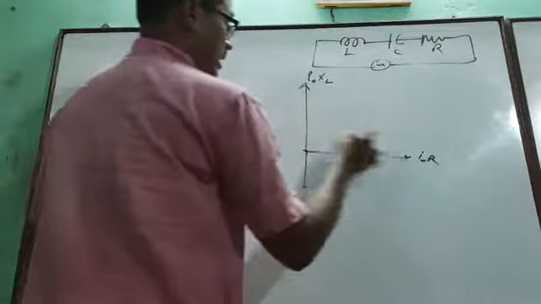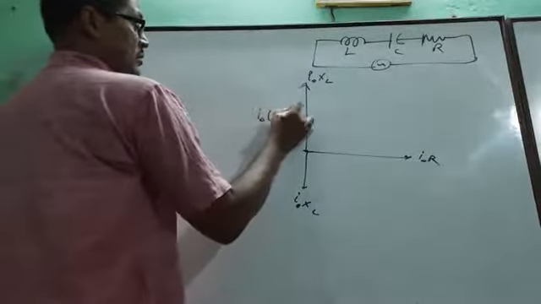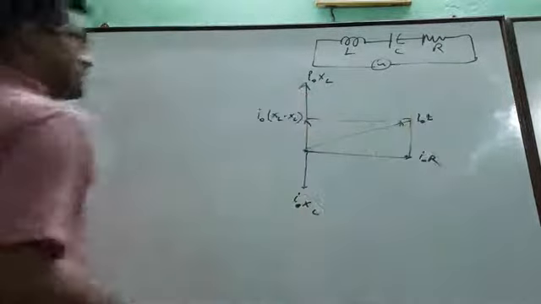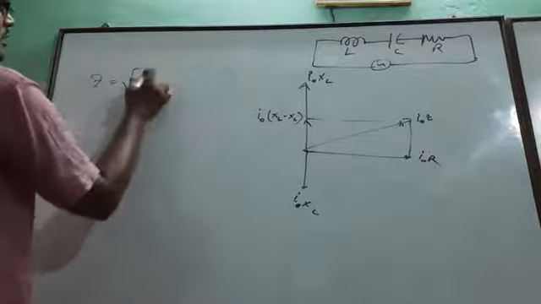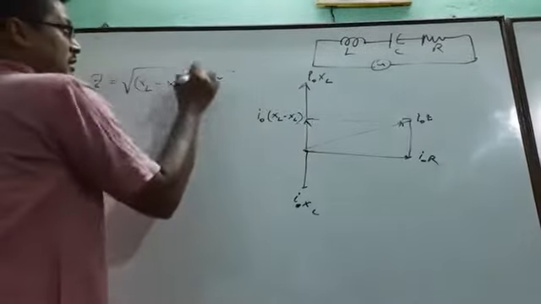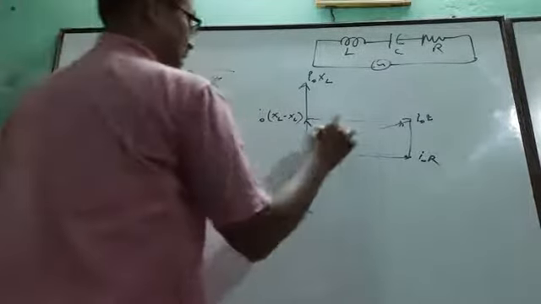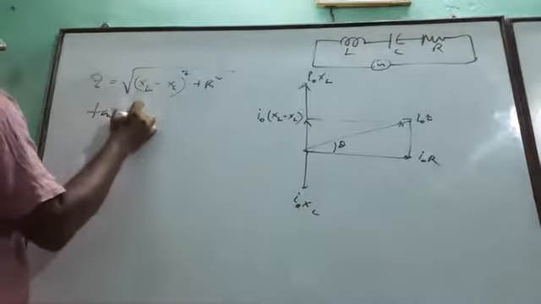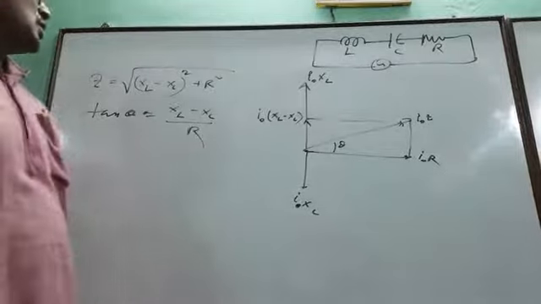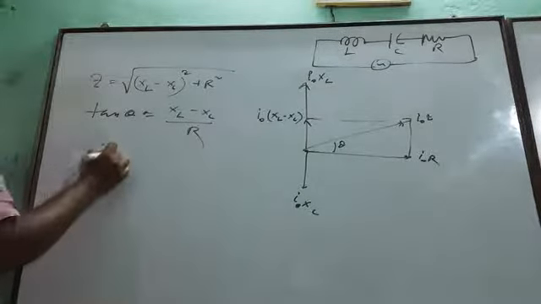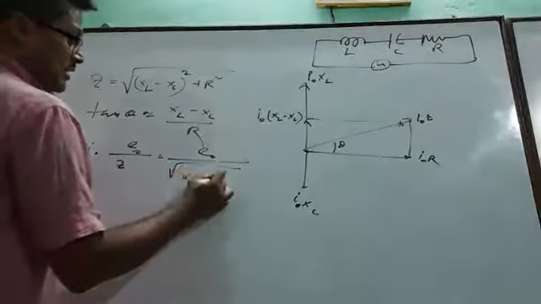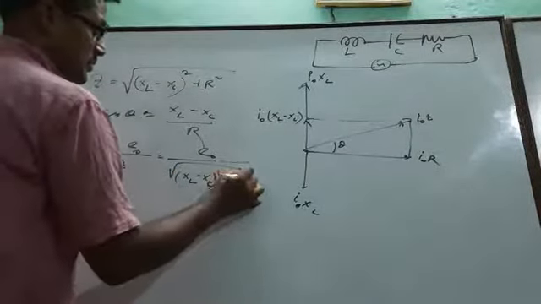Here is I naught R, and the resultant is I naught XL minus XC, and this is the value I naught Z, where Z is the impedance, root over XL minus XC square plus R square, and this angle is theta, and tan theta equal to XL minus XC by R. So in this circuit the current I equal to E naught by Z, that is E naught by root over XL minus XC square plus R square.